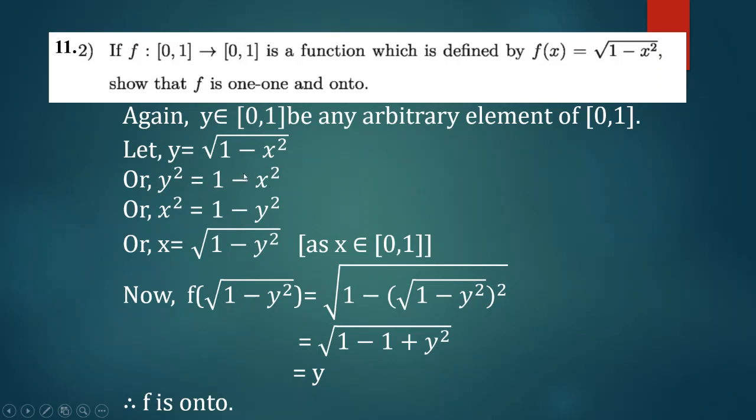Therefore we get x equal to this. Here also x equal to plus minus root of 1 minus y squared, but as x belongs to this domain, x is non-negative. Therefore, only the positive sign is taken. Clear? Now for this x, f of x equal to y.